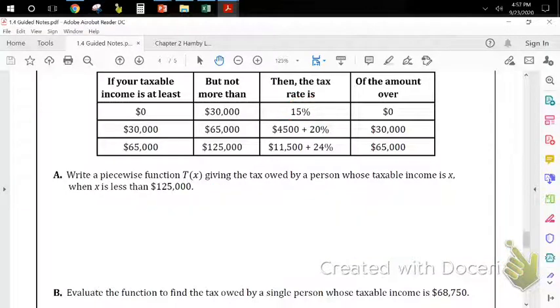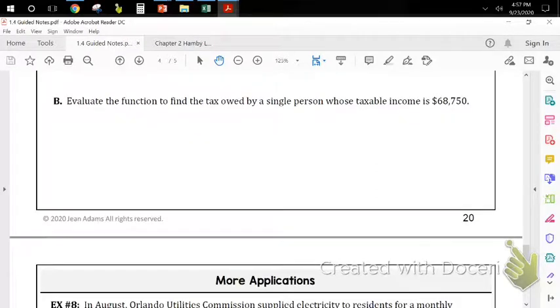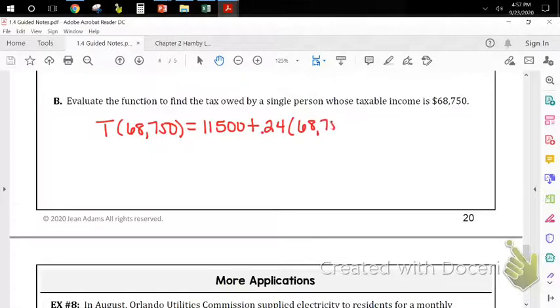B says to evaluate the function to find the tax owed by a single person whose taxable income is $68,750. All right, so $68,750 fits in that last equation because it's between $65,000 and $125,000. So our tax on the $68,750 is equal to $11,500 plus 24% of that $68,750 minus the $65,000.